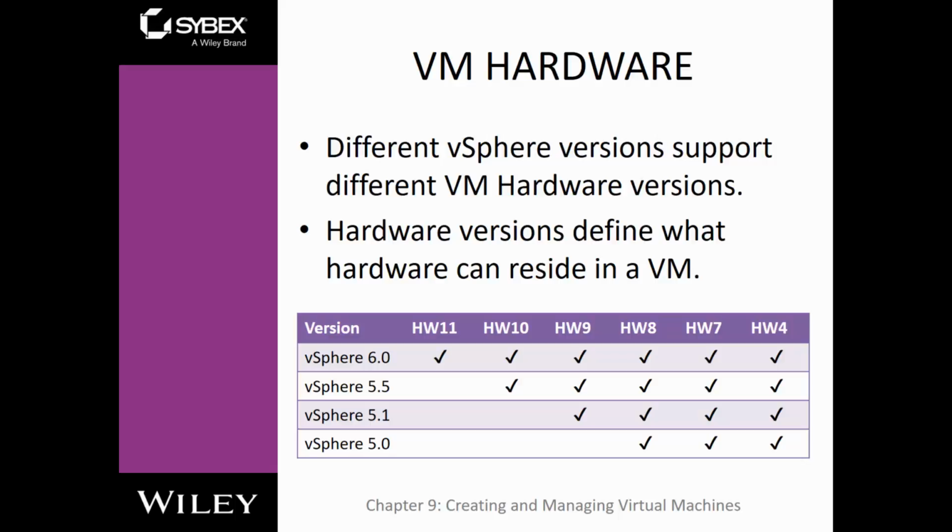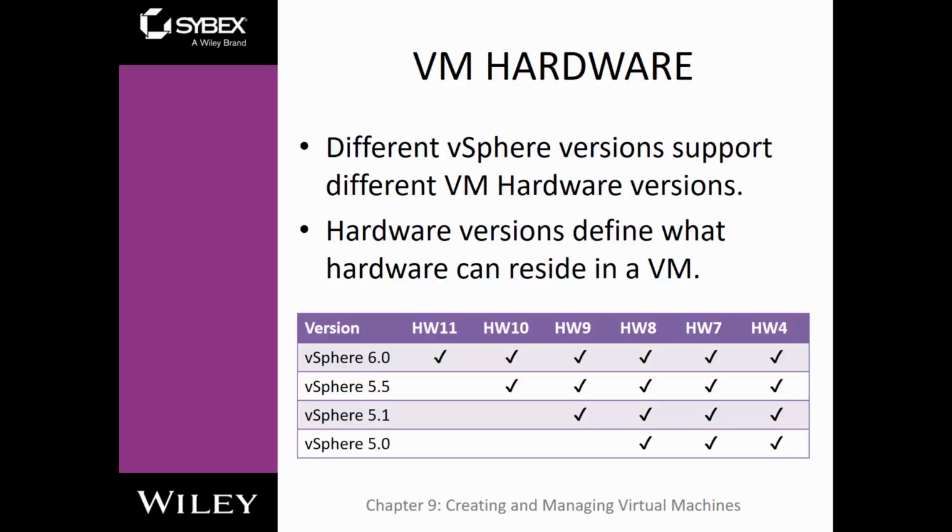For example, I did an upgrade to a hardware version 10 VM, and I had a vSphere 5 environment. You couldn't use hardware version 10 in that. It would not work. Hardware version 10, the second you upgrade to it, you cannot downgrade. The second you do, it starts controlling what you can and can't do with it.